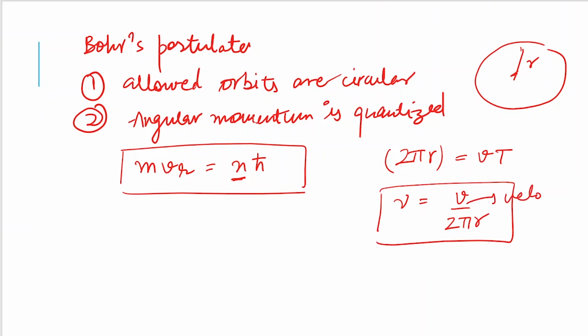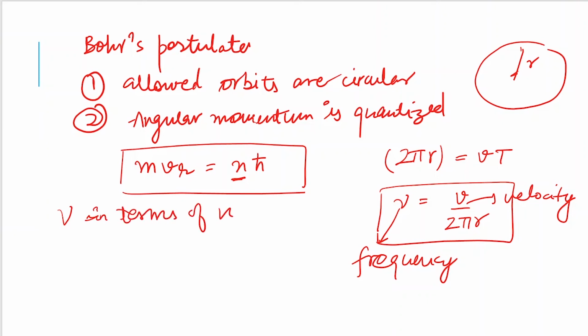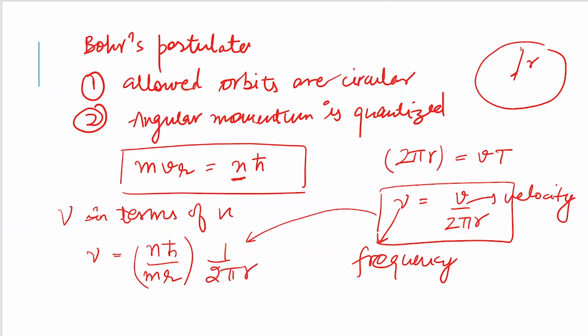This is the velocity of the orbiting charge and this is the frequency. So we have to find the frequency in terms of n. So we have to substitute v equal to n h cross over m r in this relation over 2 pi r.